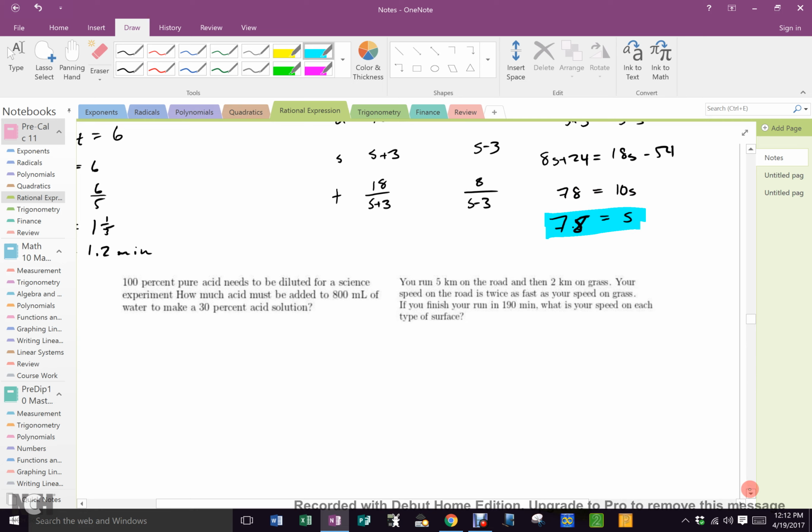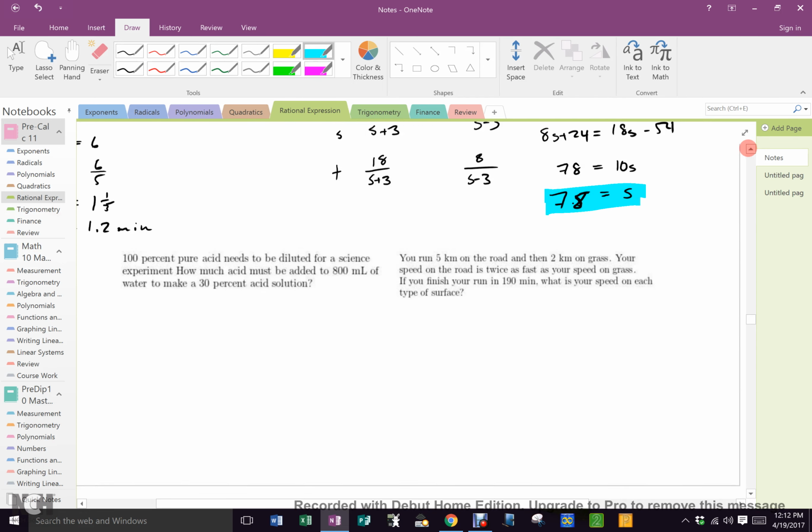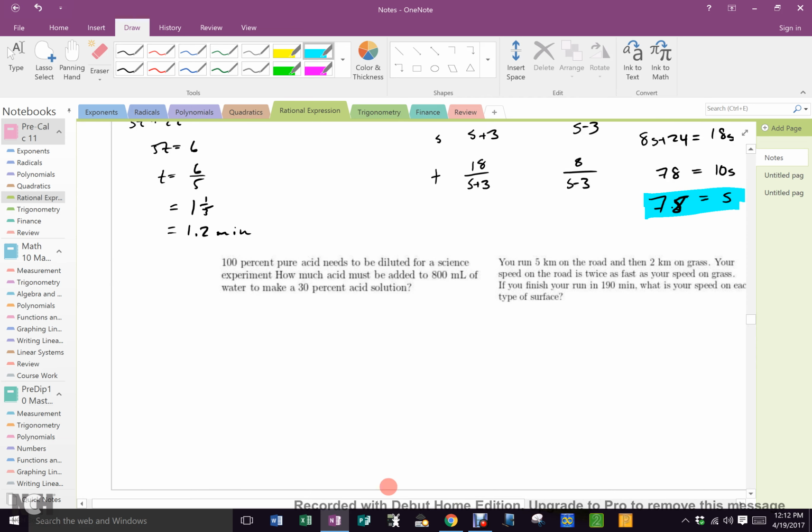Now this one gets a little bit tricky. I know that I need a 30% acid solution. So that's acid, the amount of pure acid over acid plus water.